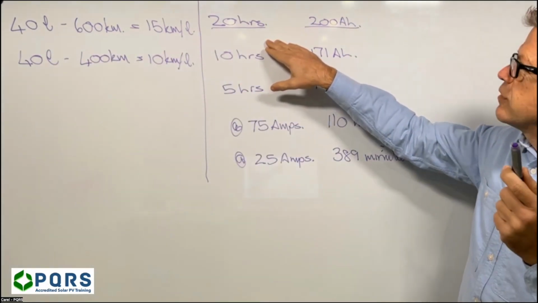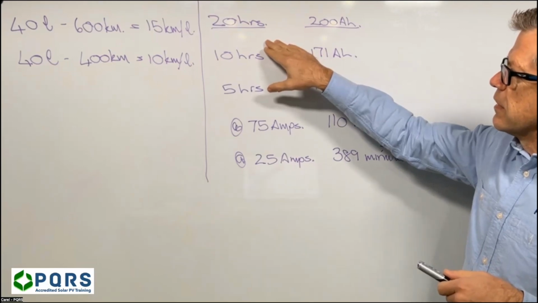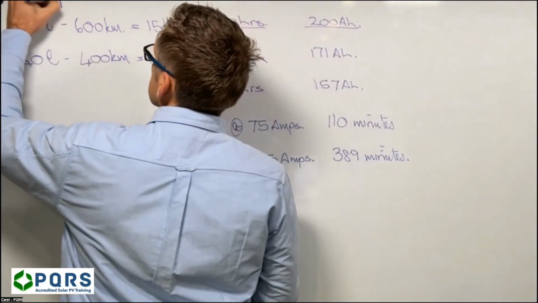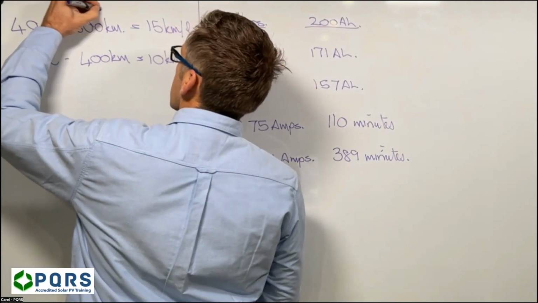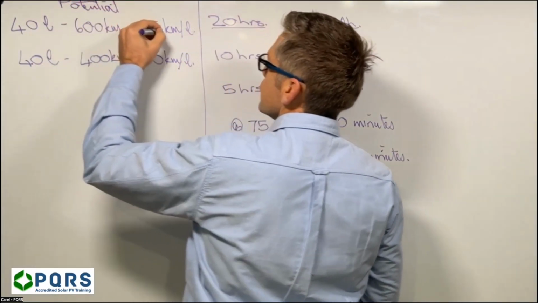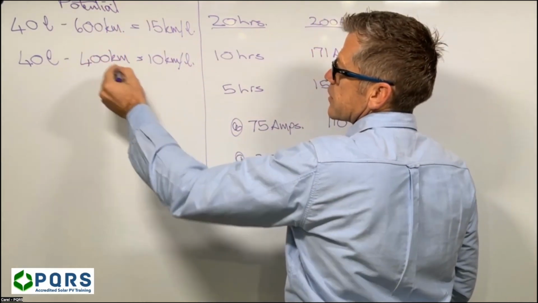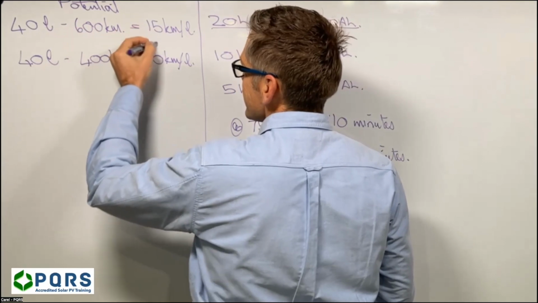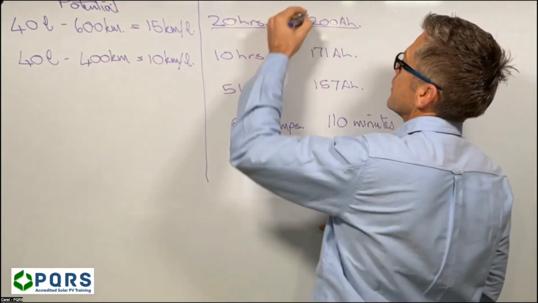Maybe the word to use is potential. The car has the potential to reach 600 kilometers on a tank of fuel, but our capacity is affected by how we drive.